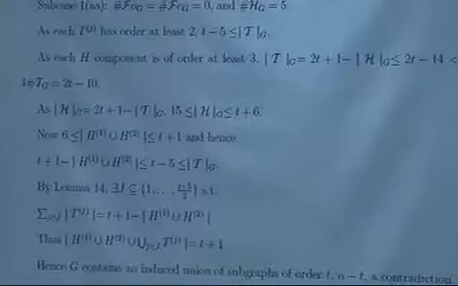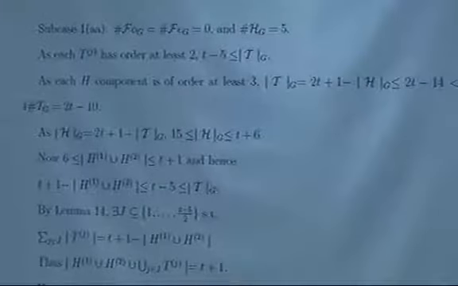And the H components, I'm sorry, this graph has only 3 components and H components, so the order of the 3 components is 2t plus 1 minus the order of the H components. And each H component is at least of order 3, so that will make up this inequality, which is less than 4 times the number of 3 components.